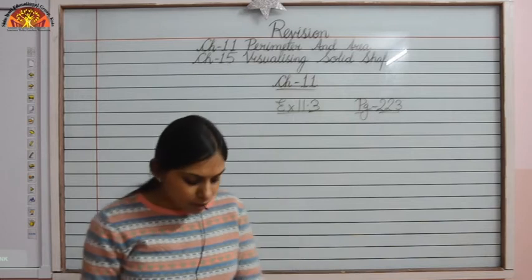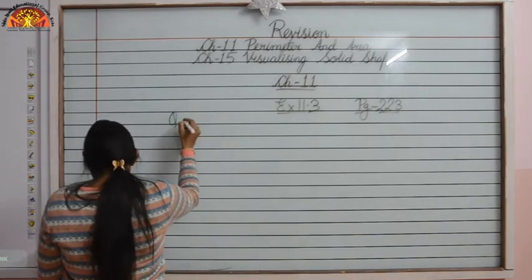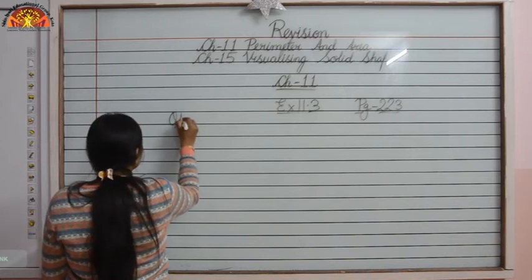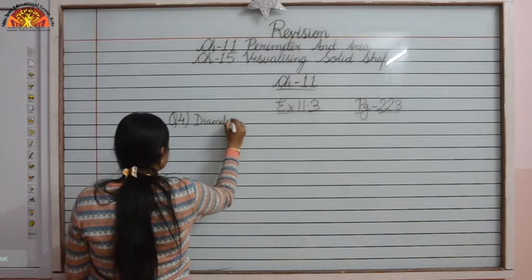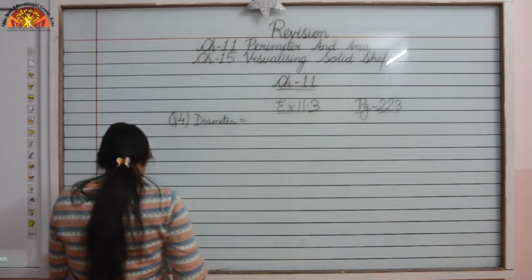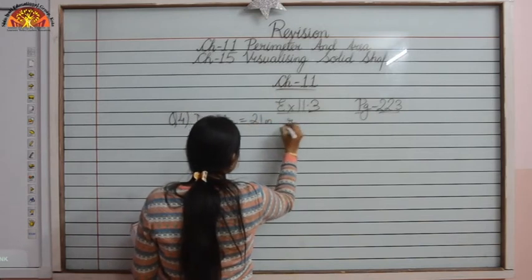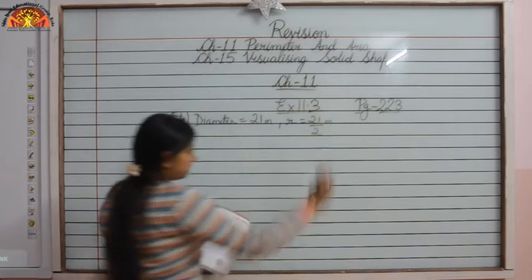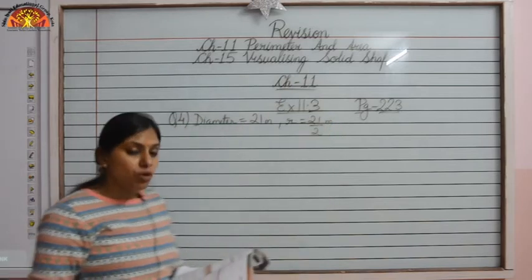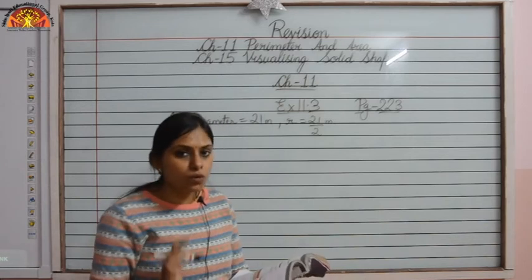So just see children what we have to do. First, as the diameter is given to you in question number 4, diameter is equal to 21 meters. So radius is equal to half of diameter, that is 21 upon 2 meters. Is it clear? Now we are talking about the fencing, okay, and we have to make 2 rounds of the fence.